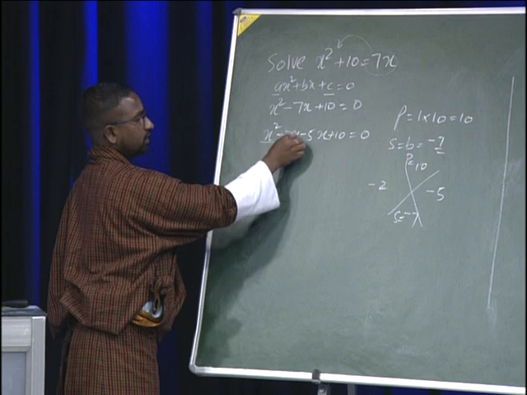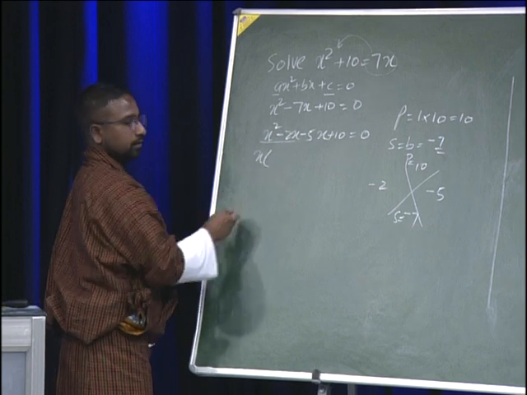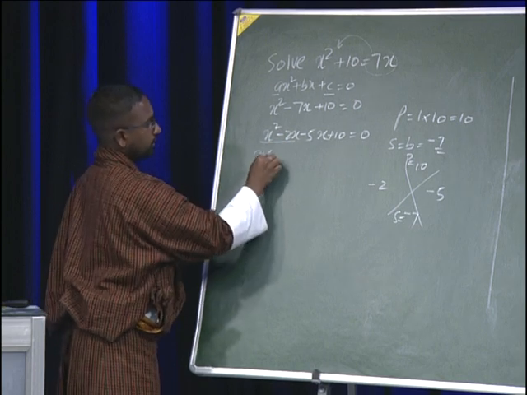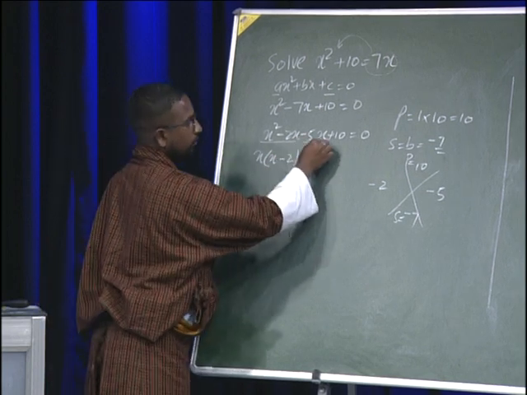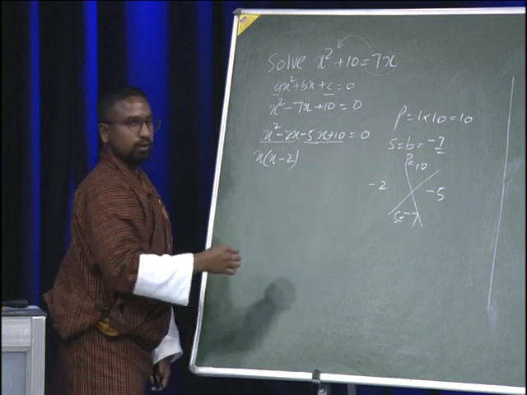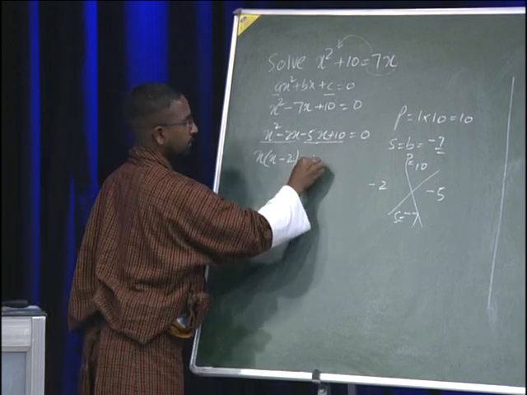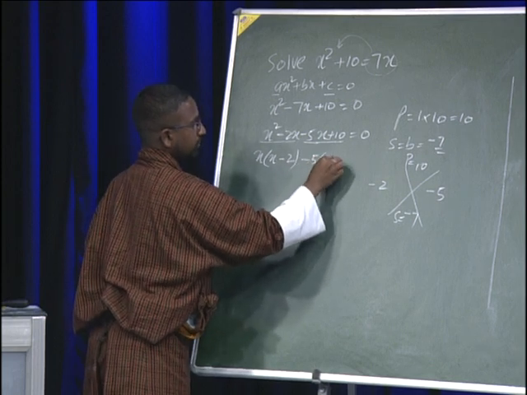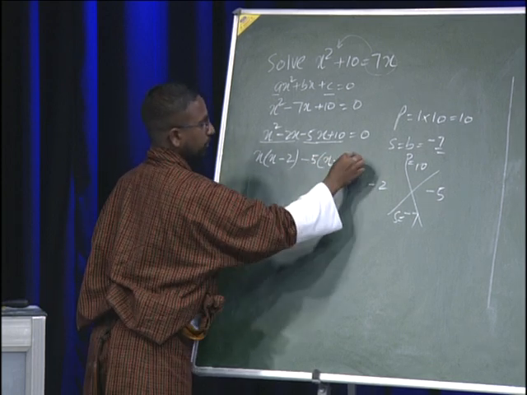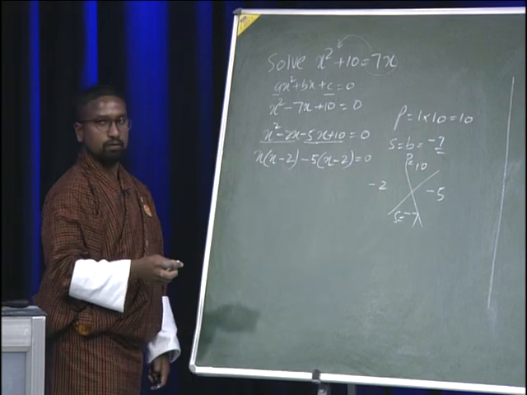The common term here is x, so what is left is x minus 2. Similarly, from this pair when you take out the common term, that is negative 5, the factor that is left is x minus 2. So, that is equal to 0.